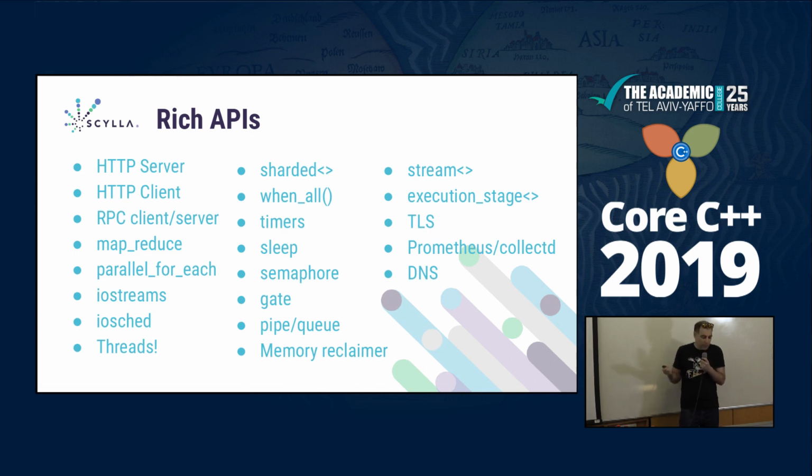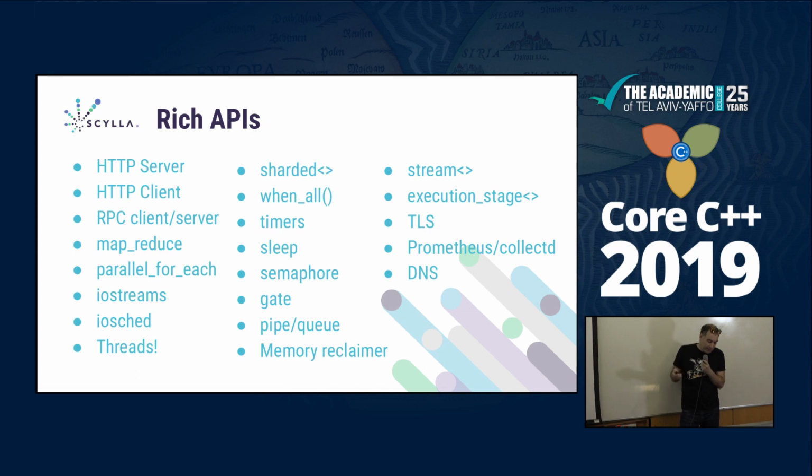So that's useful for parallelizing an application. When all, it's actually a part of the C++ standard, and we have our own version that allows you to wait for multiple futures. I mentioned timers, and we saw sleep. There is a semaphore, which, unlike standard semaphores, does not use any locking operations and doesn't block. It just translates the semantics of the semaphores that you know and love into continuations and futures and promises. And a bunch of things like that.